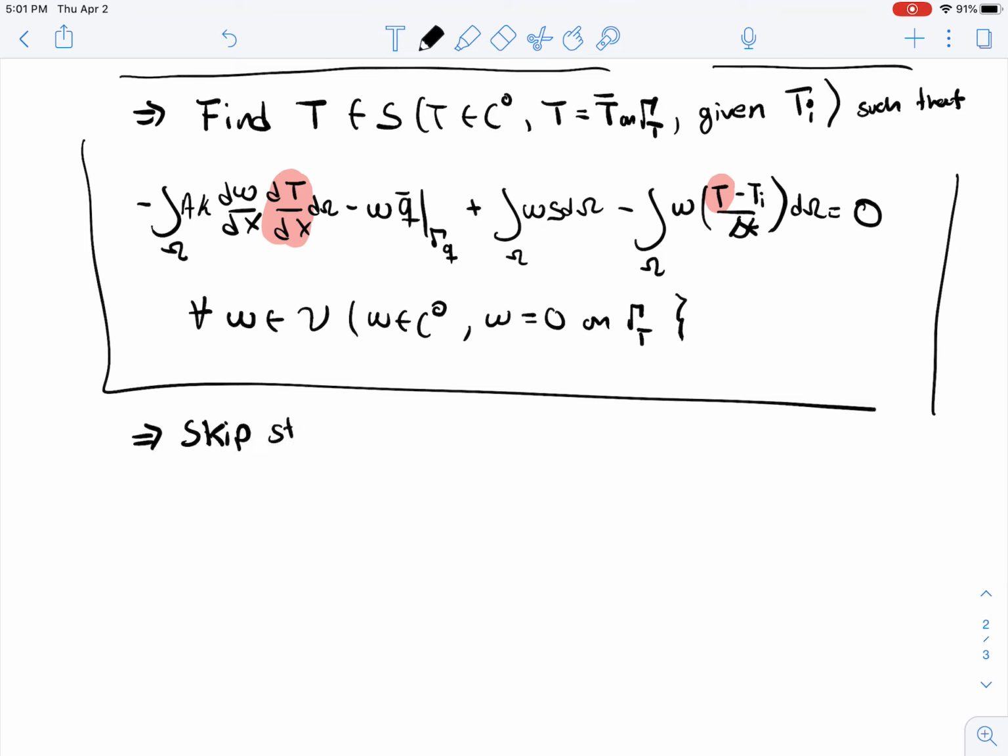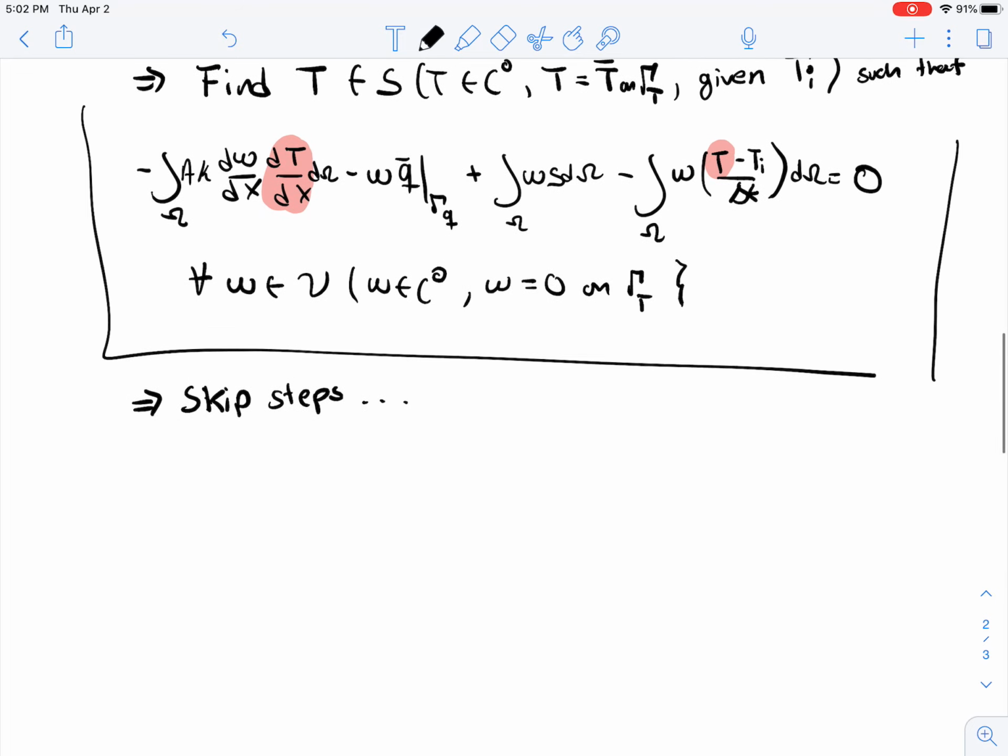And then I'm going to skip some steps, directly into the stiffness matrix and the force vectors. So I'm just going to rearrange this a little bit. I'm going to multiply everything by -1.